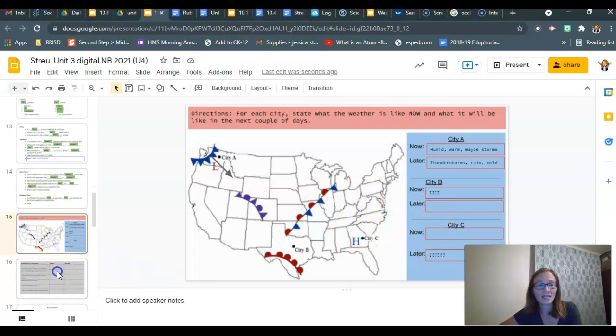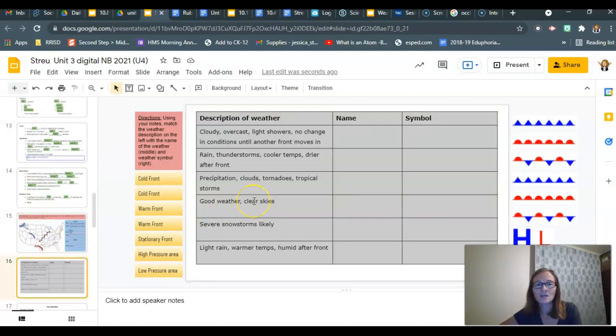Then you need to go to slide 16 and fill in the name of the weather that is happening when you get this kind of weather. Okay. Put the name in this middle column and then put the symbol next to it. Okay. So we're going to do the one that's really obvious together because I want you to get some practice.